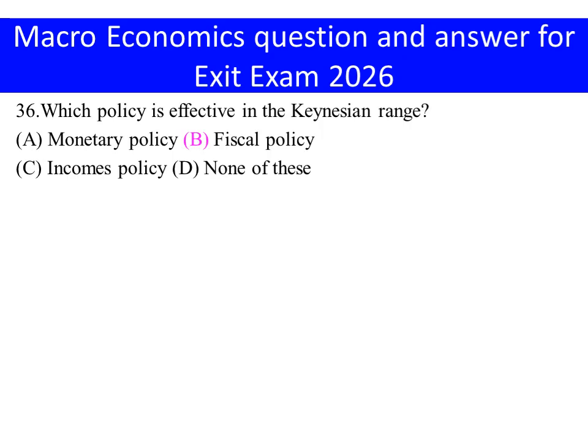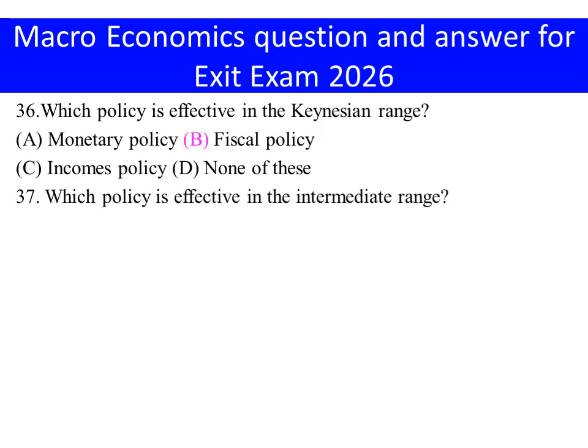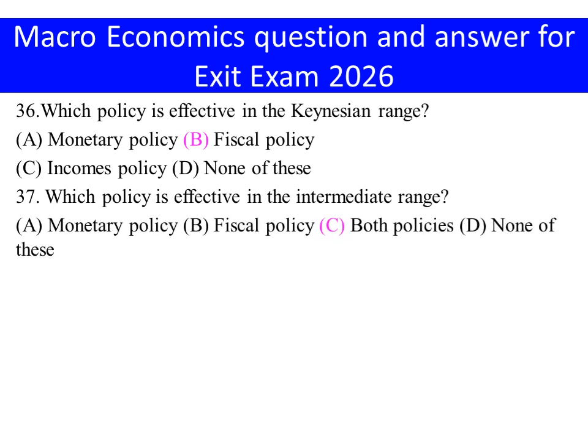If government contributes to controlling the Great Depression, that is the side of fiscal policy, by increasing or decreasing tax or expenditure. Because of that, that is fiscal policy. 37. Which policy is effective in the intermediate range? Monetary policy, fiscal policy, both policies, none of the above. That is both policies for the intermediate range.